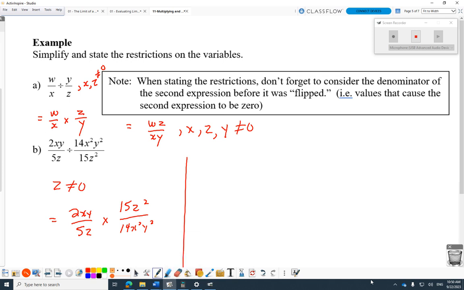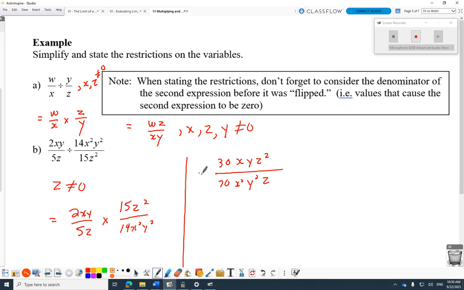Then I actually go numerator times numerator, denominator times denominator. Don't let me get away with it if you don't understand what I did on the top there. Well, first of all, that's wrong, so maybe that messed you up. 30xyz squared over 70x squared y squared z.